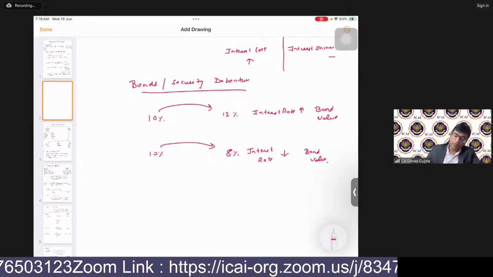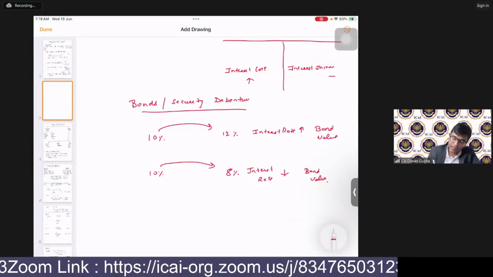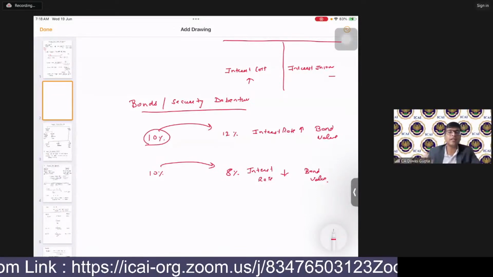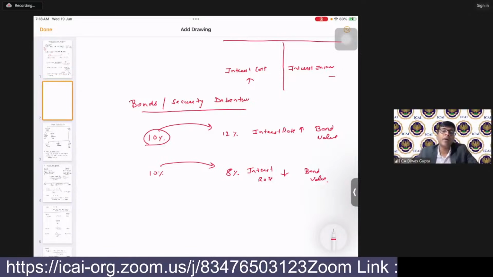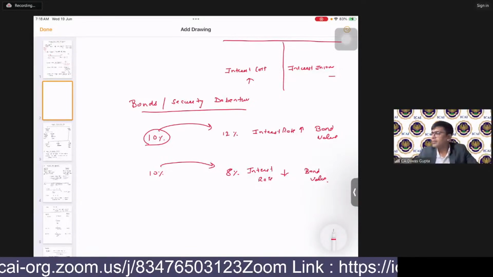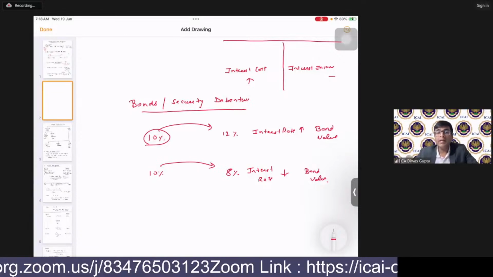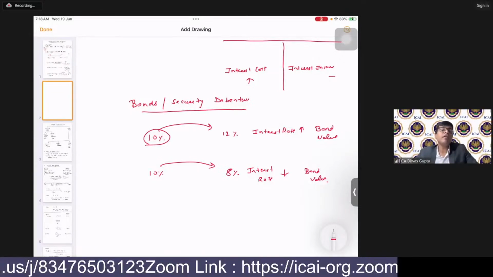Now, I'll tell you how. For example, the bonds stated that we will give you 10% rate of interest and they will continue to give you 10% rate of interest, whatever happens. But the moment market rate increases to 12%, now what people will do?